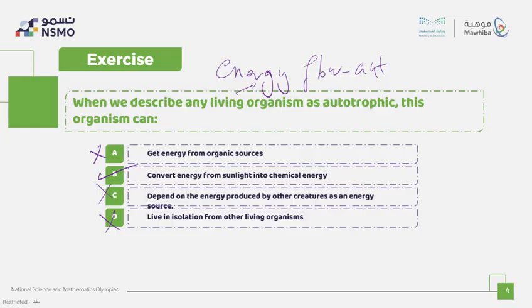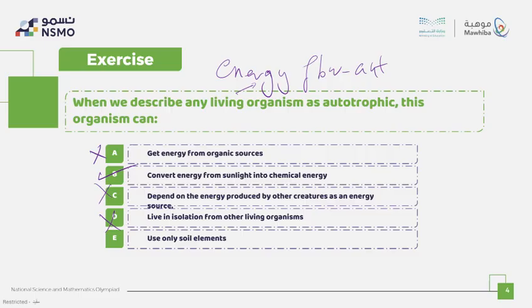And the other one: use only soil elements. Think about it also. An example of autotrophs is a plant. A plant, yes, needs soil, but not just soil. It needs light, water, carbon dioxide. So not just soil materials. This would also be wrong. So the right answer would be convert energy from sunlight into chemical energy.